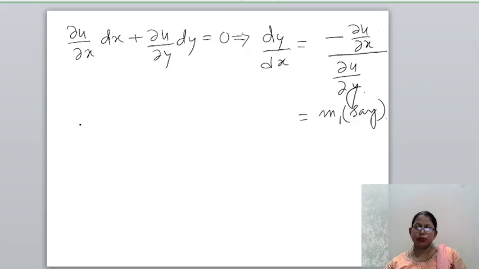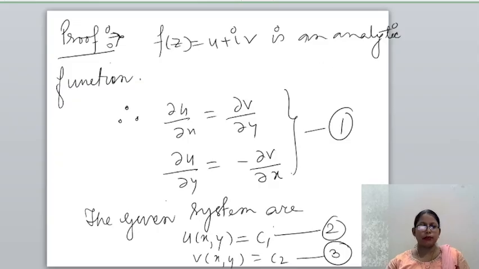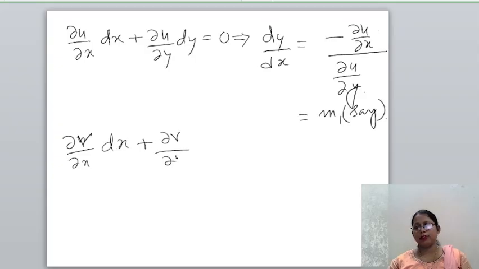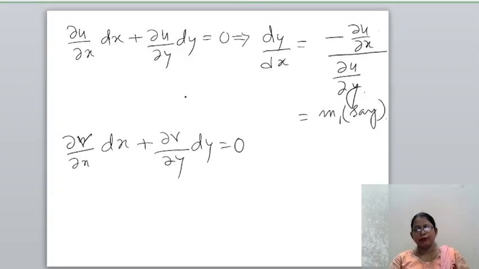Then differentiating equation 3, v(x,y) equal to c2, we get del v by del x dx plus del v by del y dy equal to 0, as v is a function of x and y and it is equal to the parameter c2.